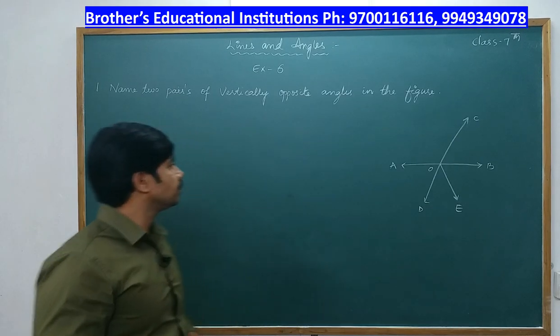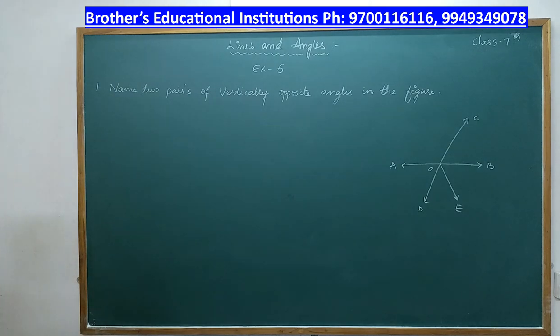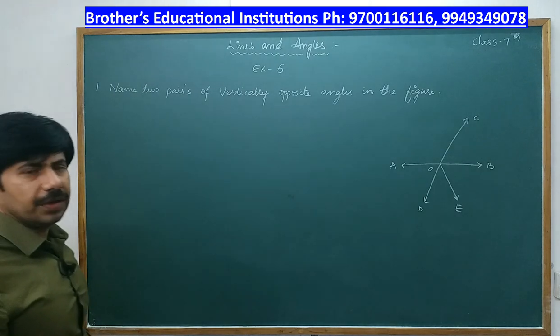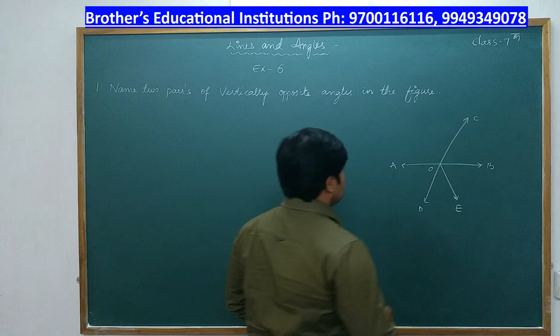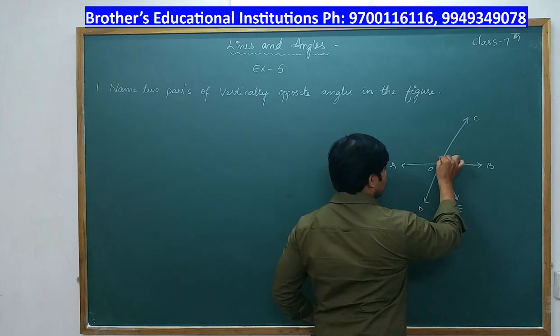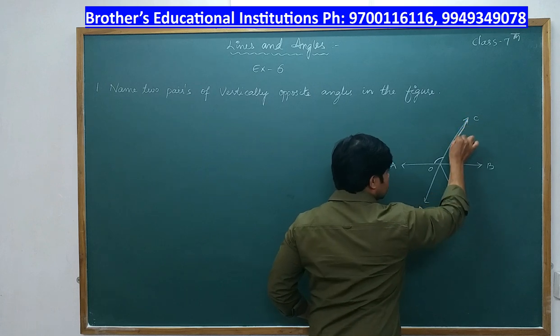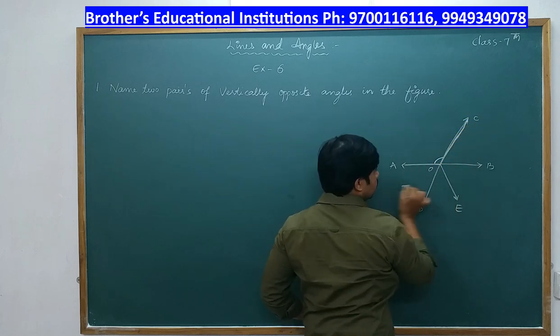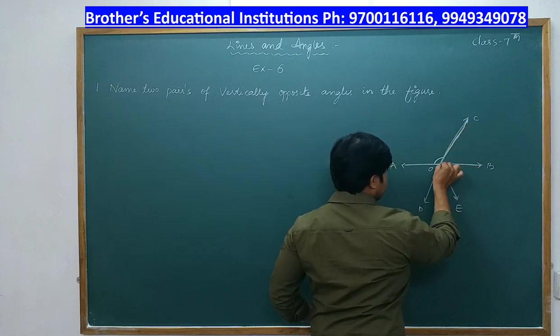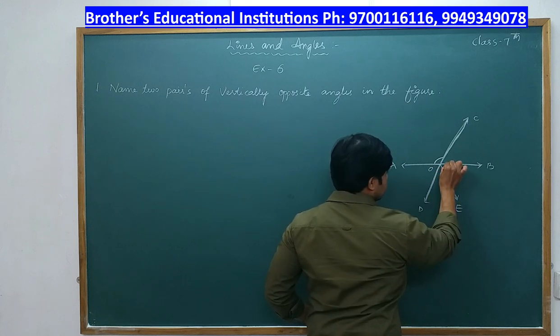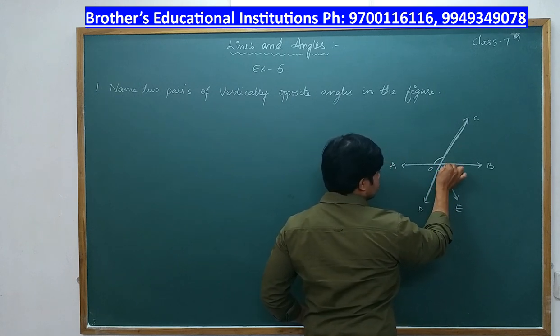Next problem. Name the pairs of vertically opposite angles in the figure. So here, suppose you take AOC, the vertically opposite angle to this AOC will be BOD, this one. See, these two are vertically opposite.